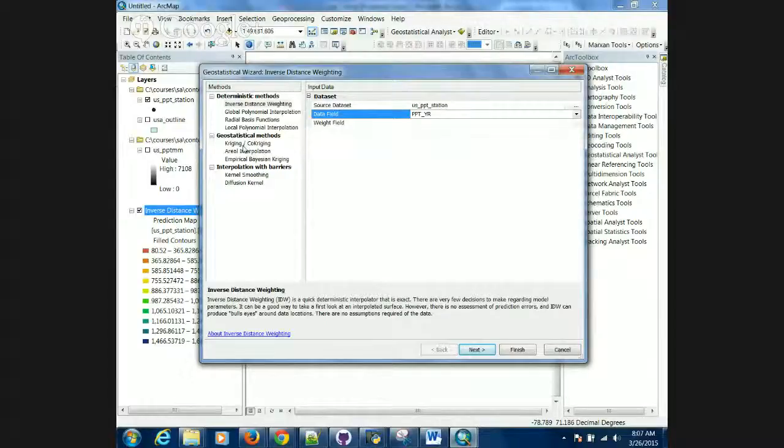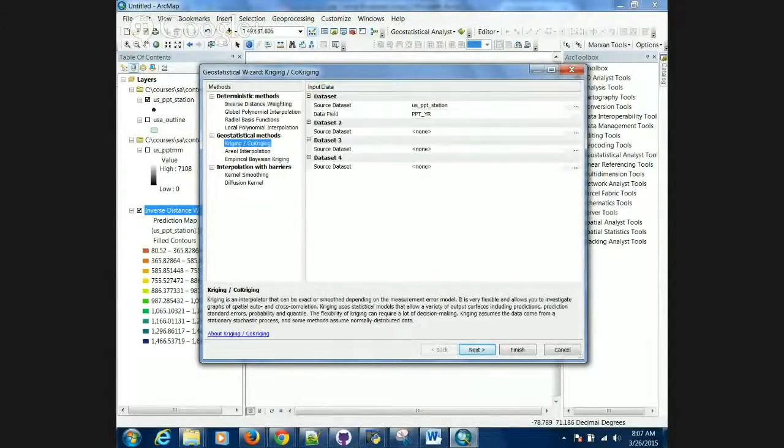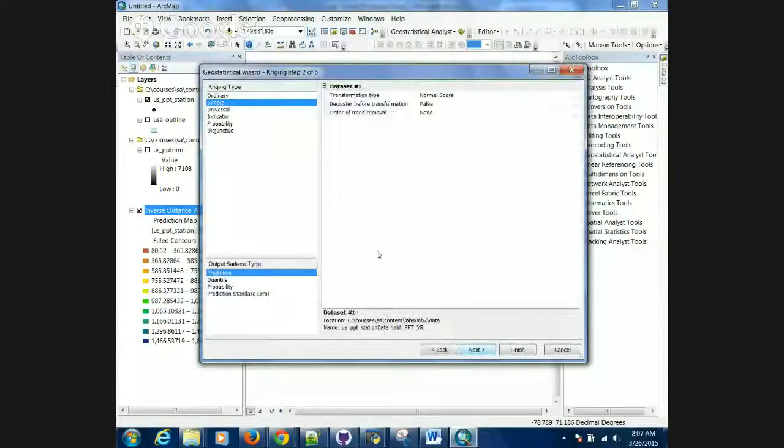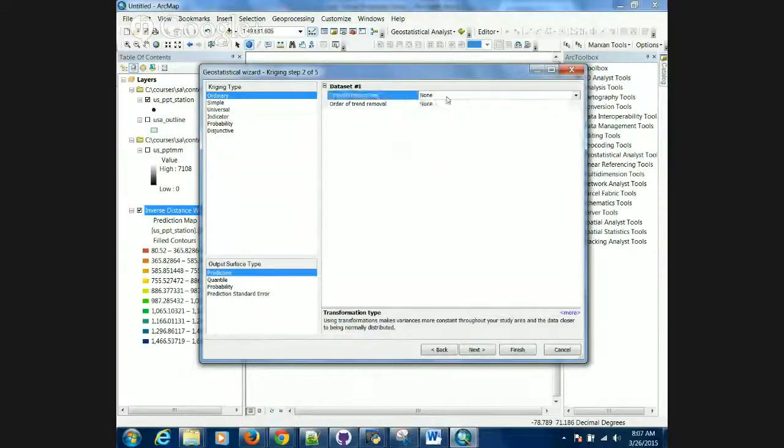Now we're going to click kriging / co-kriging, and then click next. Here we're going to change this to ordinary kriging. With ordinary kriging, there's not really a whole lot of options to choose. We're not going to change any of the defaults. We're not going to include a trend surface in the data. We're going to hit next.